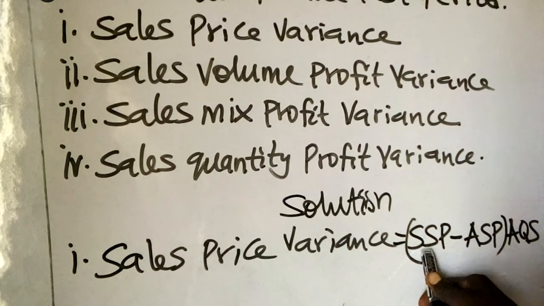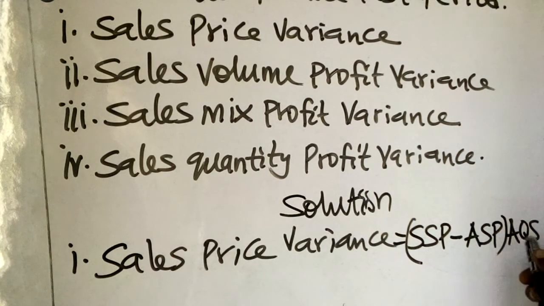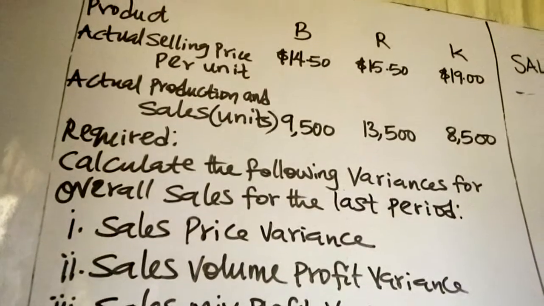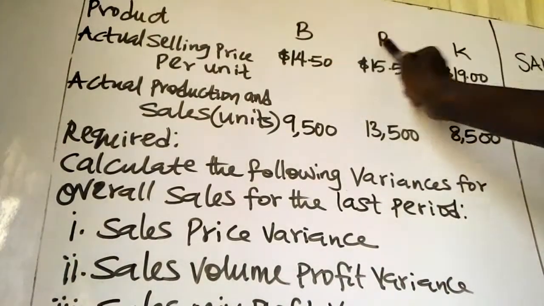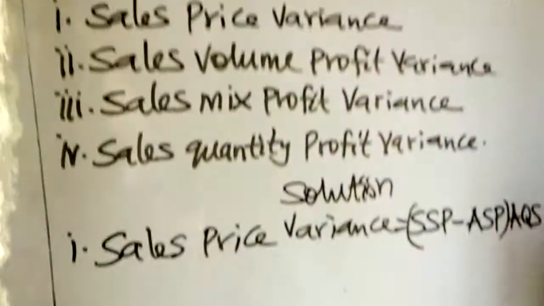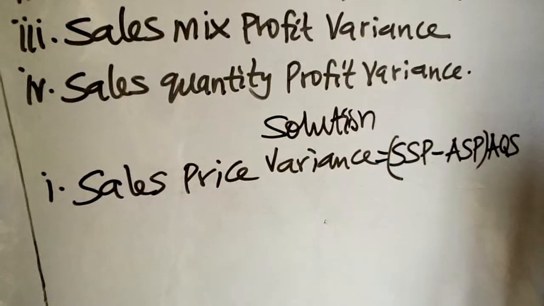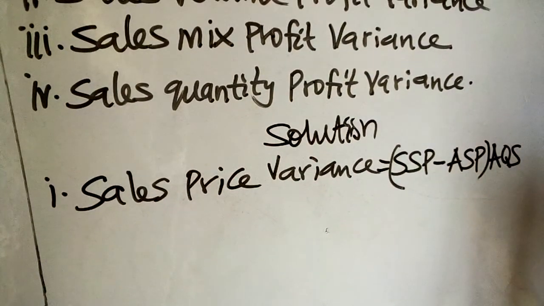Standard selling price minus actual selling price multiplied by actual quantity sold. And there are 3 products: B, R, and K. You want to compute the sales price variance for the 3 products.